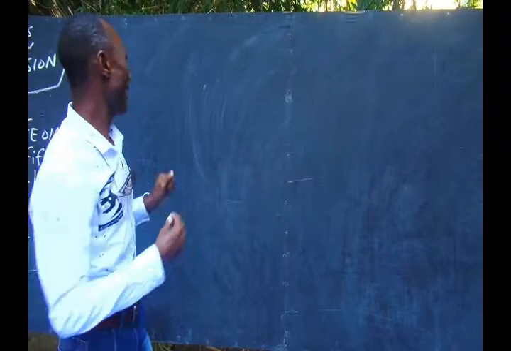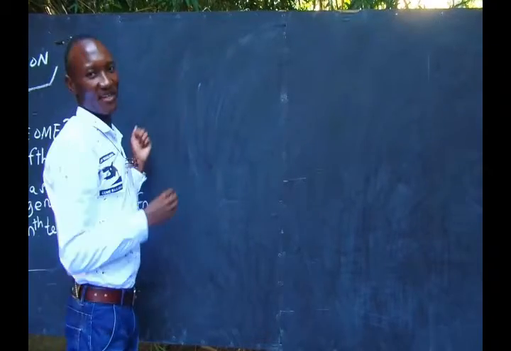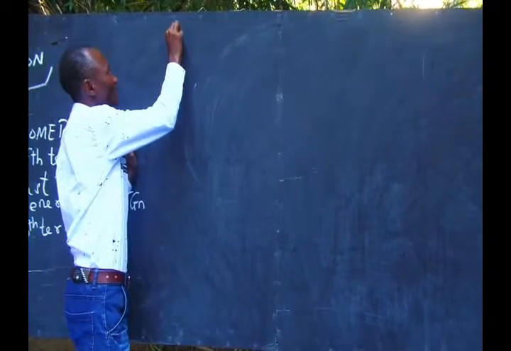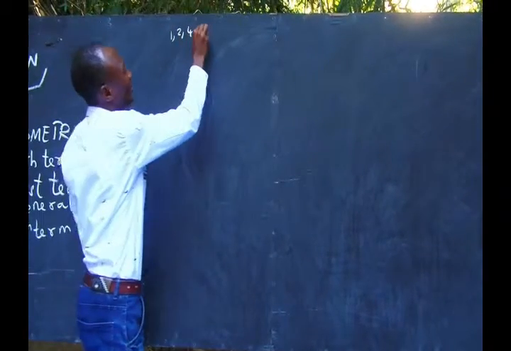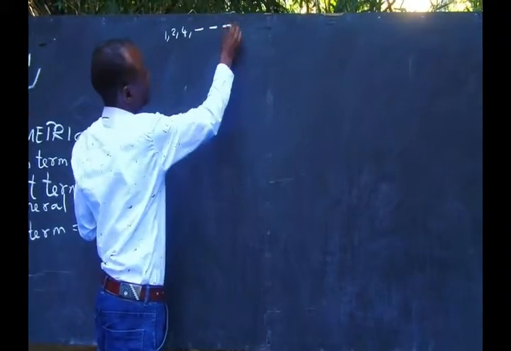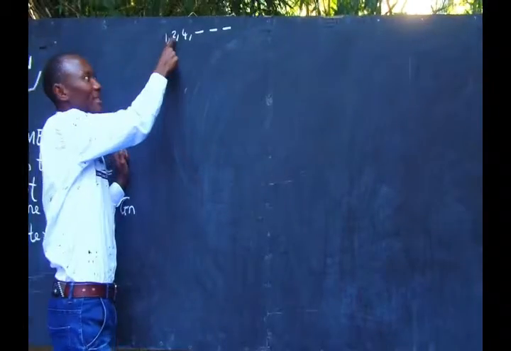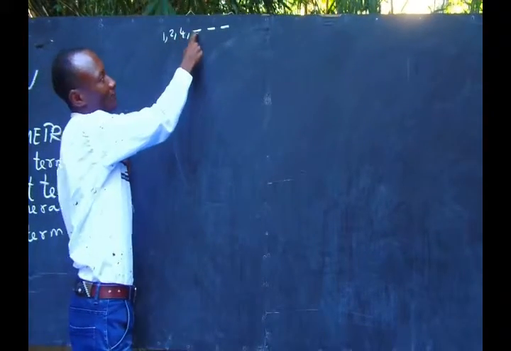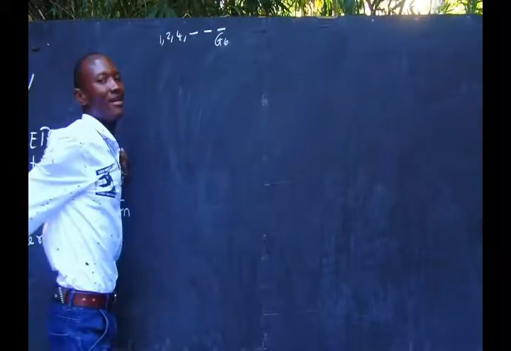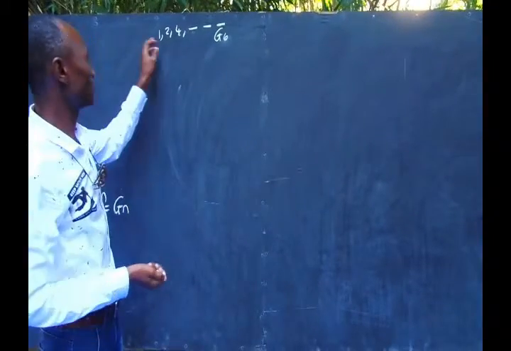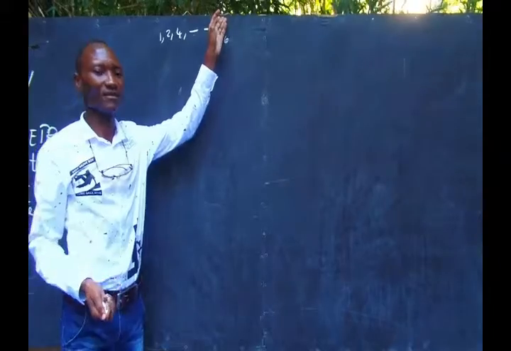My best friend, you can be given this one: 1, 2, 4, dash, dash, dash. First term, second term, third term, fourth term, fifth term, sixth. This is the G6. So you can be given a question like this to find the G6.